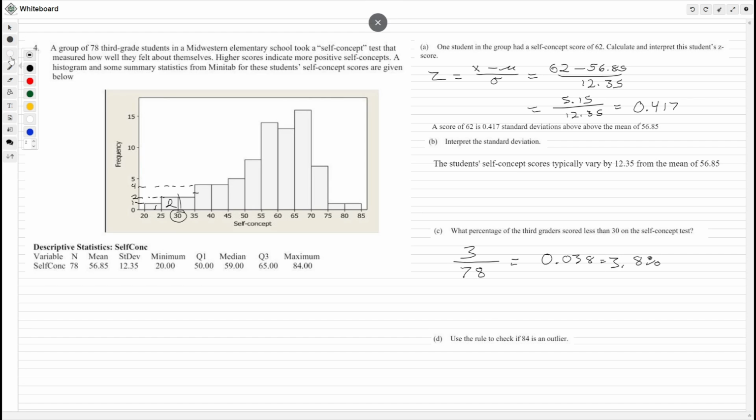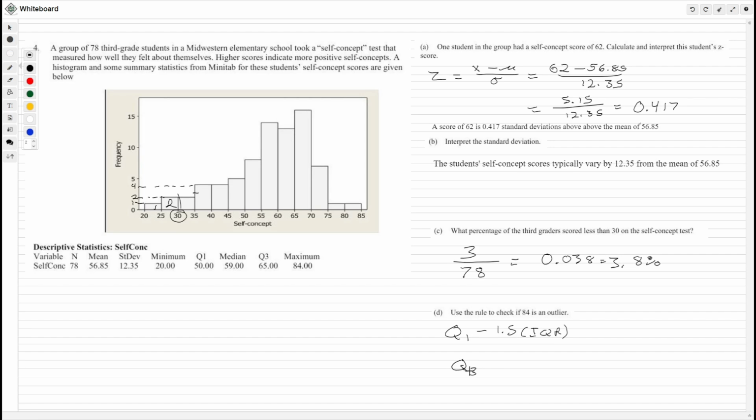Last on this list is part D, which says use the rule to check if 84 is an outlier. Recall how the outliers work. We need to take Q1 and subtract 1.5 times the IQR, the interquartile range. That's going to be the lower limit.